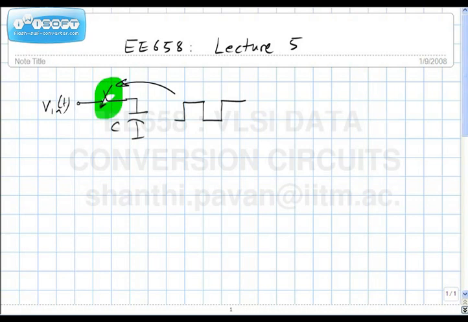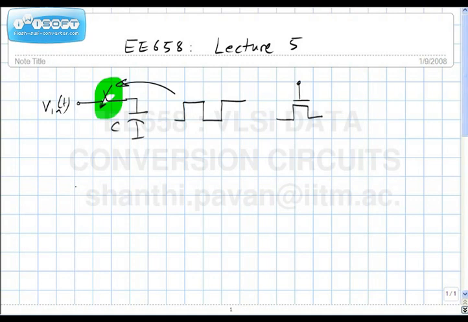So the next thing is, what do we do with the switch? An option is to use an NMOS transistor with the understanding that when the gate voltage is pulled sufficiently high, the transistor behaves like a closed switch, and when the gate is too low, the transistor behaves like an open switch.